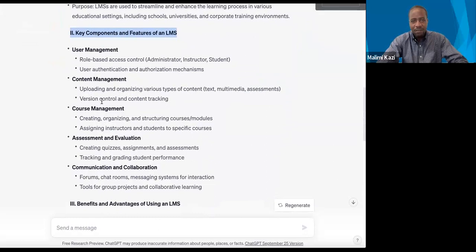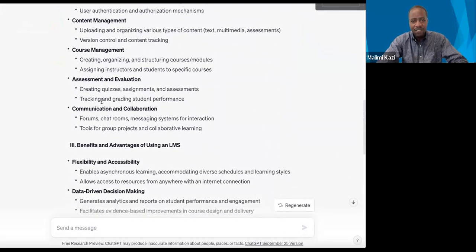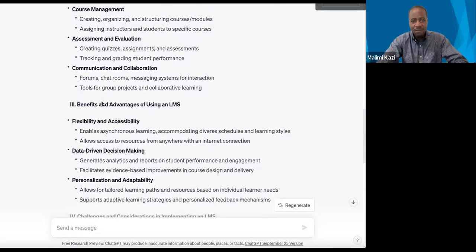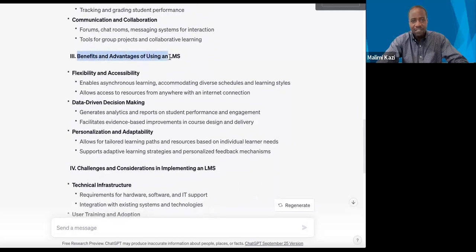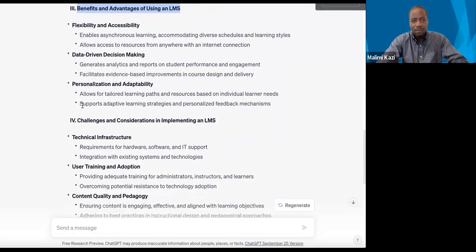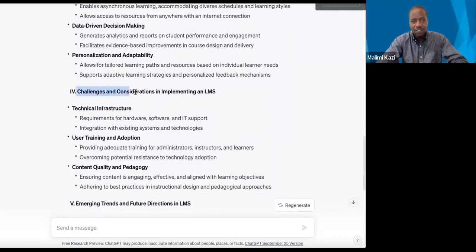It provided several components and features, and ChatGPT went on providing the benefits and advantages of using a learning management system, and also it provided the challenges and considerations for implementing learning management system, which I think is good.